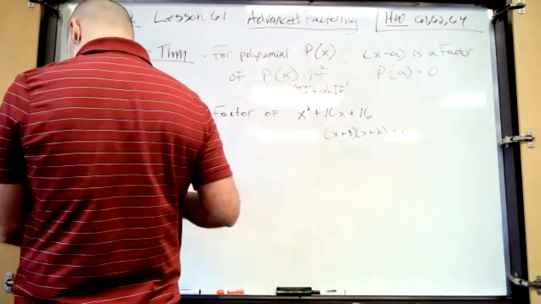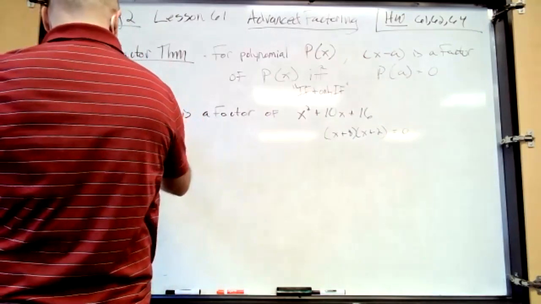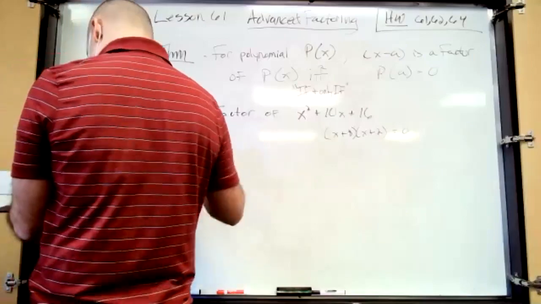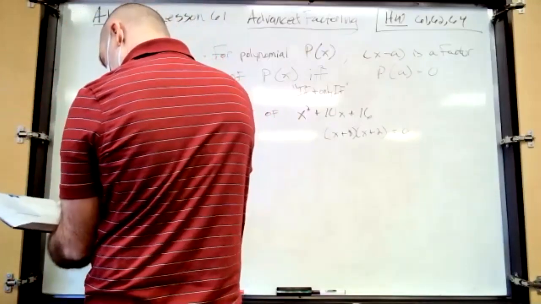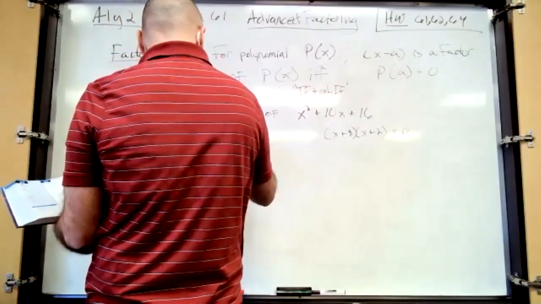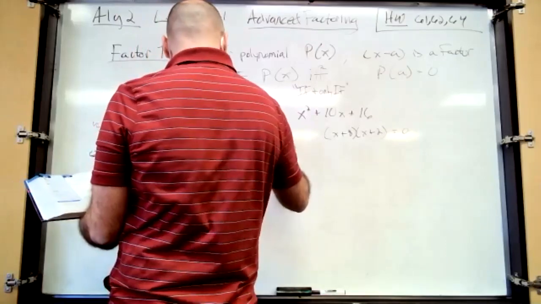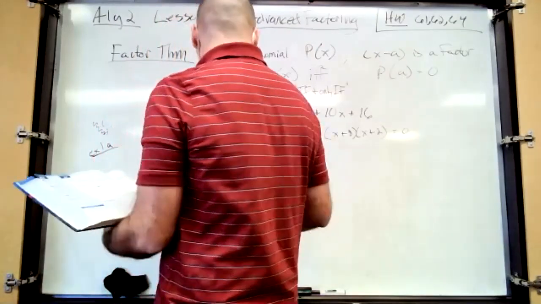Okay, so here's what A is. We're going to determine whether a linear binomial is a factor of the polynomial. Here's P of X. P of X is 2x to the third minus x squared minus 43x plus 60.